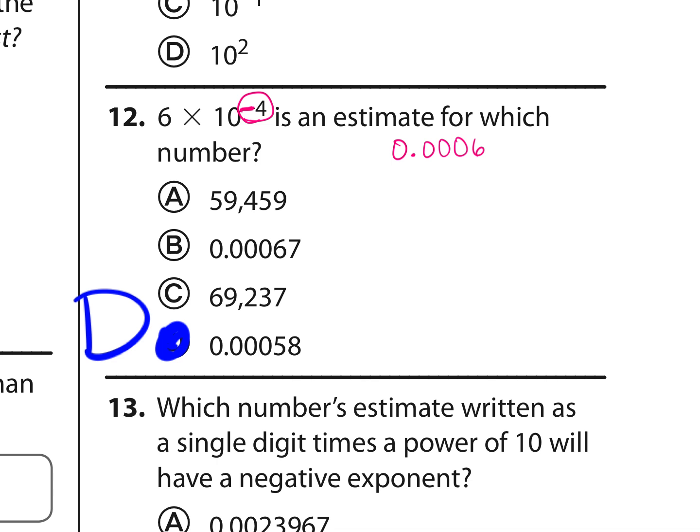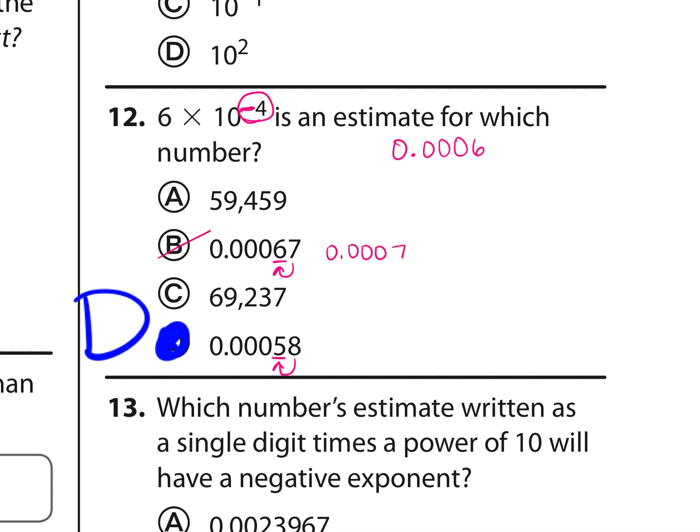And then which of these rounds to 0.0006? Well, this one has 3 zeros in front of the 5, but the 8 will make it round up. Choice B did as well, but notice that 7 would make it round up to 0.0007, so that one didn't work.